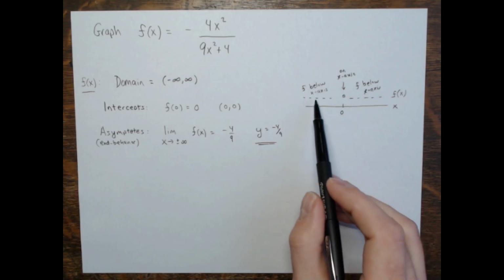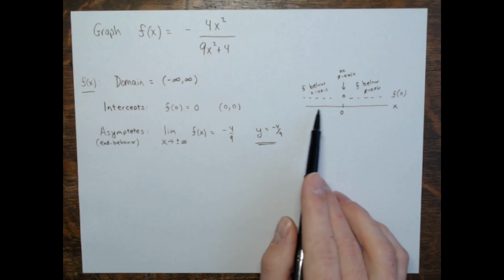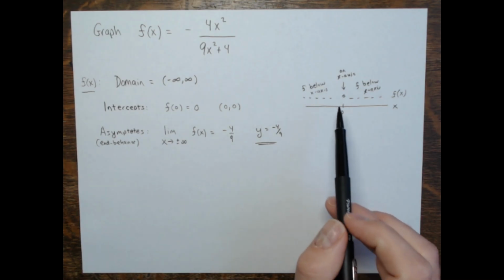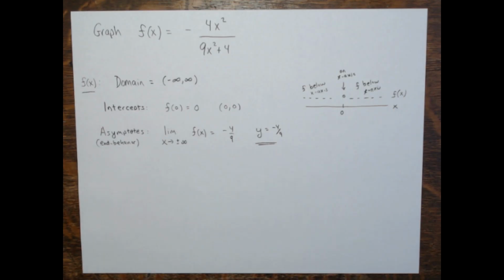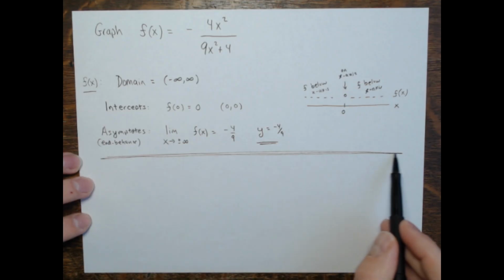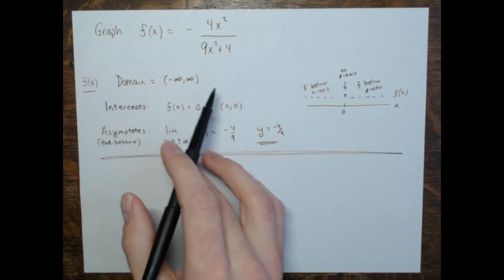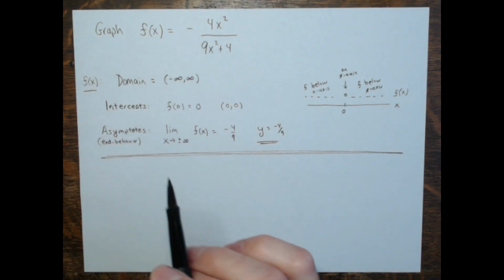If it were undefined anywhere, which it's not, I would do the limit to the right and left of that to see where it was going, whether it's going to infinity or negative infinity around those vertical asymptotes. All right, so that's enough said about the original function from just the first level, just looking at the original function as is.